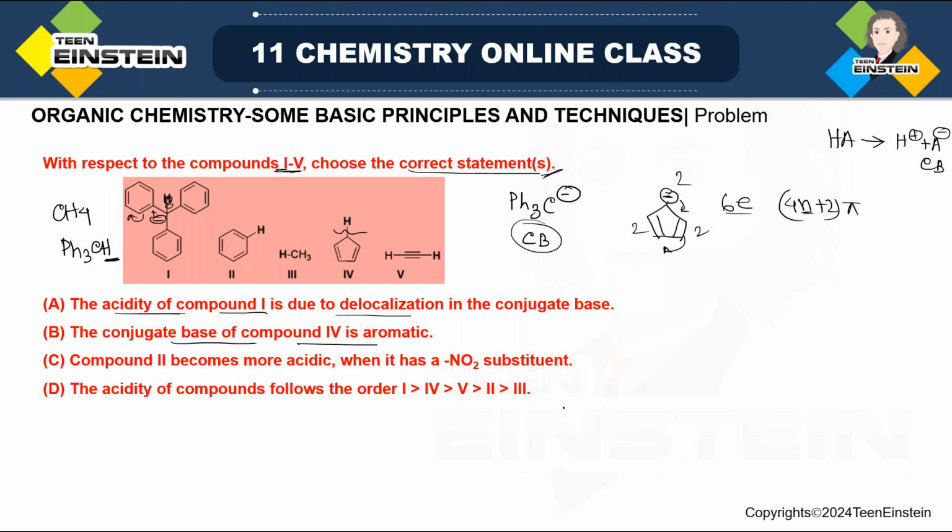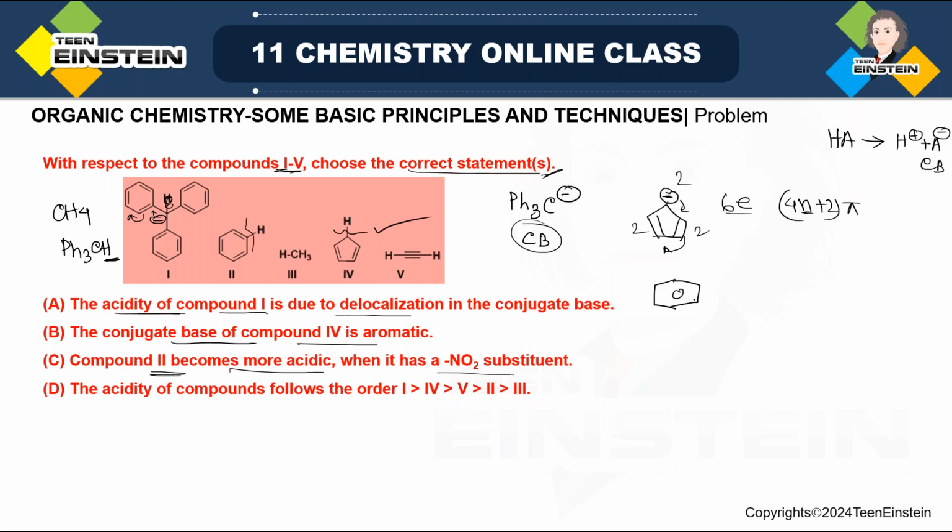Acidity will also be very high, because aromaticity is the reason for the stability. Just understand that it will be very stable, and as a result this molecule will be highly acidic. Compound 2, which is simply a benzene ring: if you remove this hydrogen, there will be a negative charge directly over any of these carbons. Now it is saying that 2 becomes more acidic when it has a minus NO2 substituent.